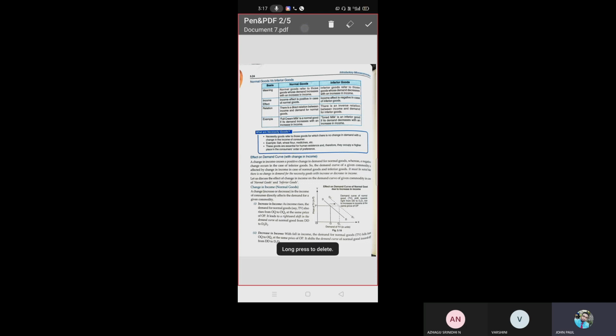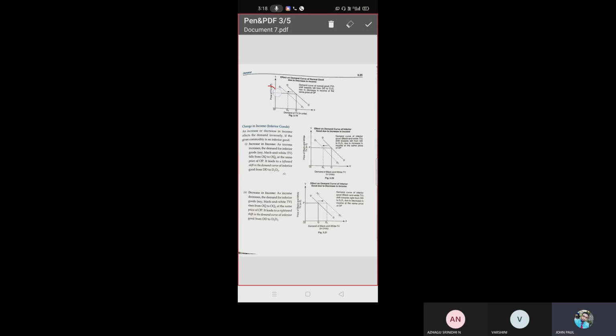As income rises, the demand for normal goods rises, say OQ rises from OQ1. The price of the commodity is the same; only income increases. The consumption will increase. We'll spend a lot. When income decreases, the consumption of normal goods will decrease.